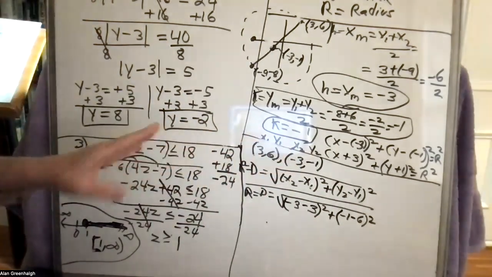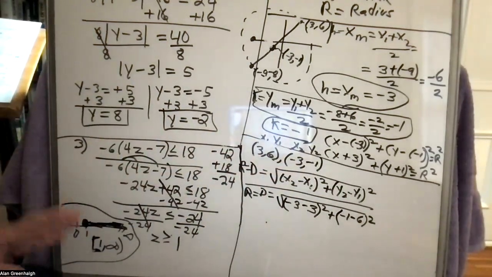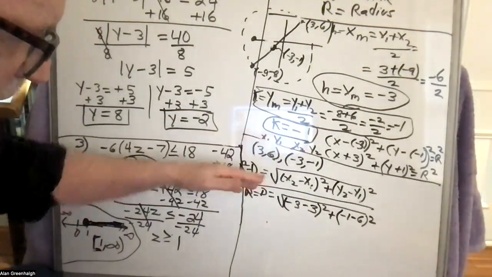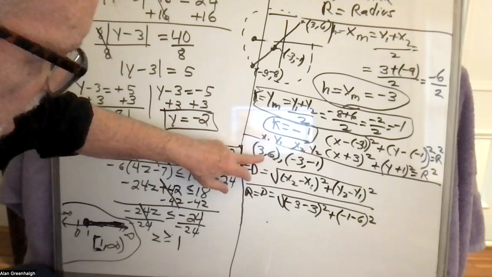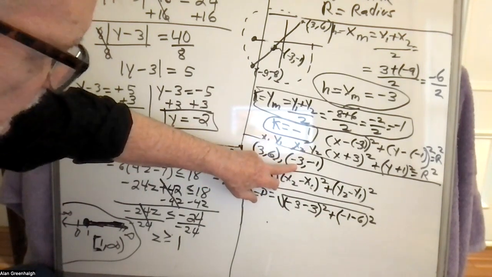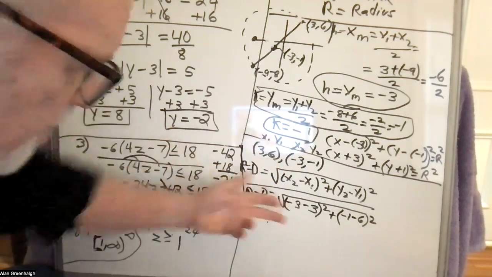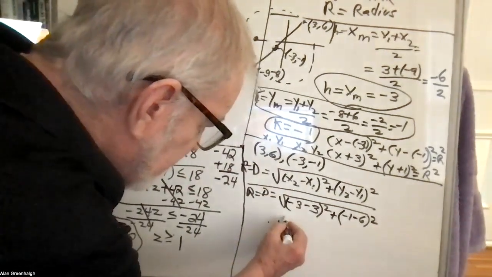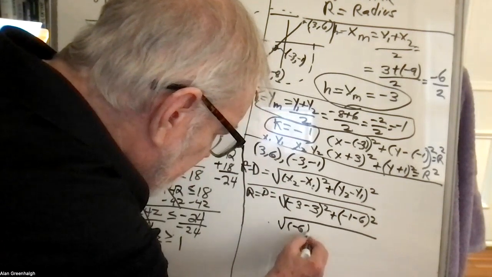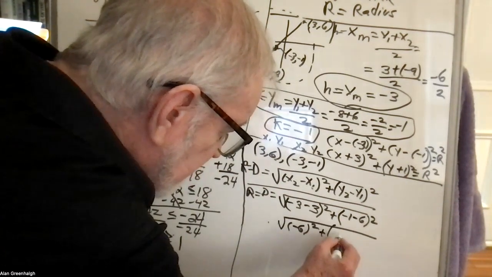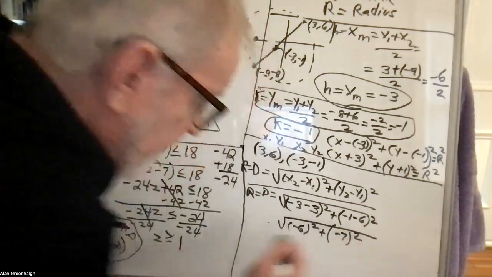So it depends if you have no trouble with signed numbers. But to me, this would have been a wise choice, because you would have changed the sign there. It would have come out 6 squared, but this is going to be -6 squared. So once again, -6 squared plus -7 squared.